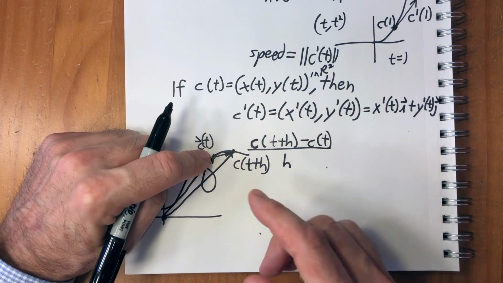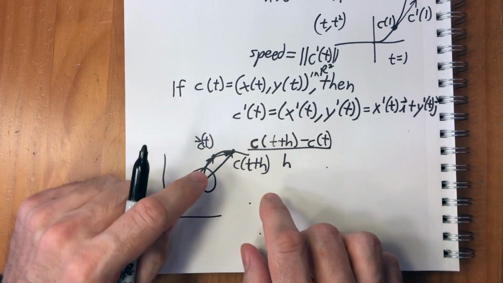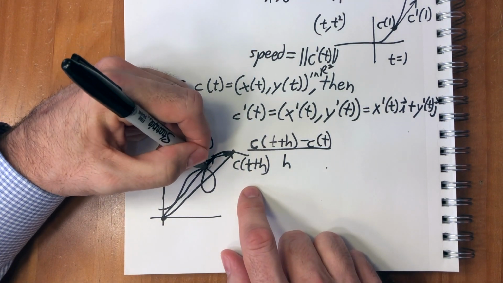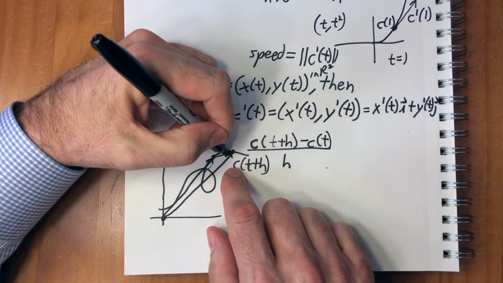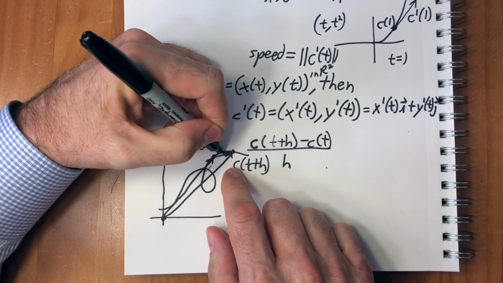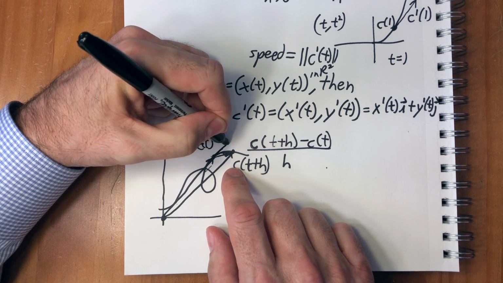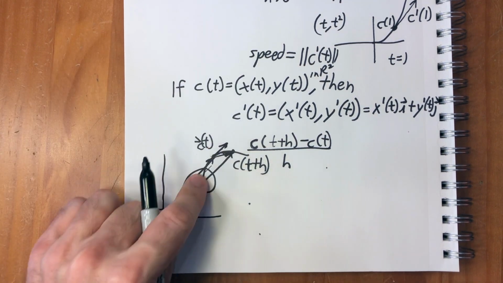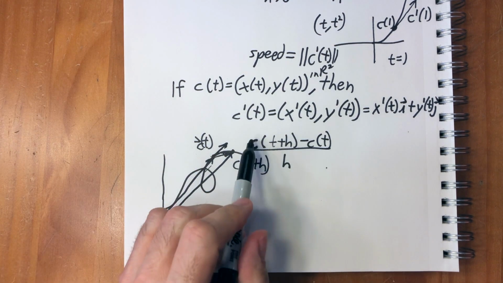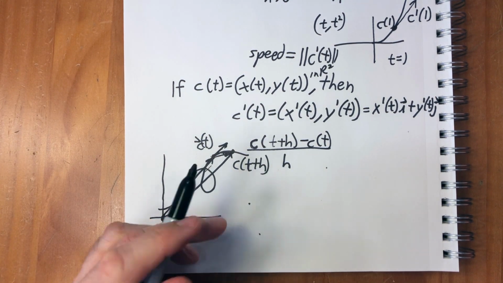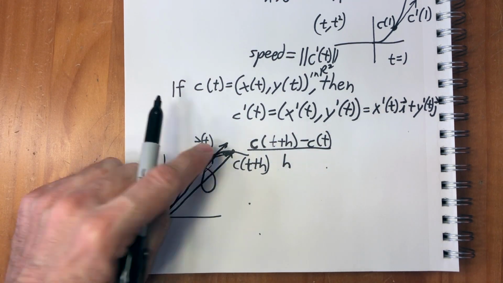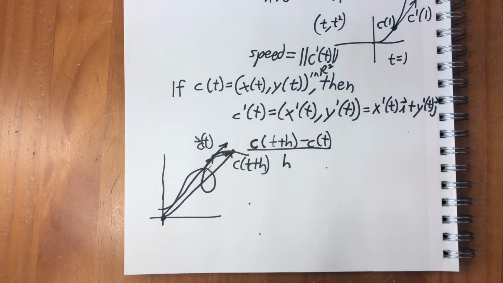And as h gets smaller, this vector is going to get closer and closer until it ends up at the tangent to this point. So we can think of limits as related to the vectors, the vector slowly getting closer and closer to the tangent, just like in one dimension, but with vectors. Or we can look at it component-wise.